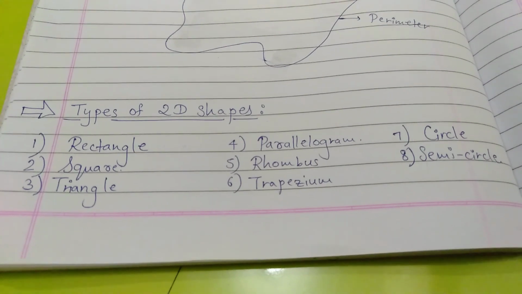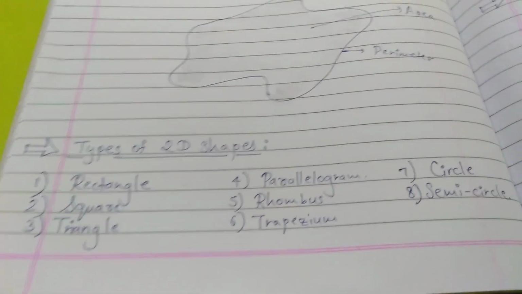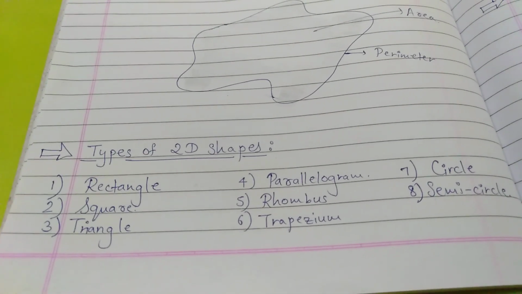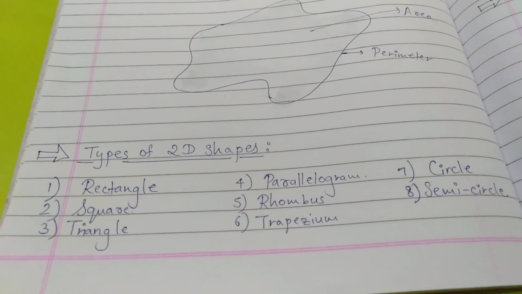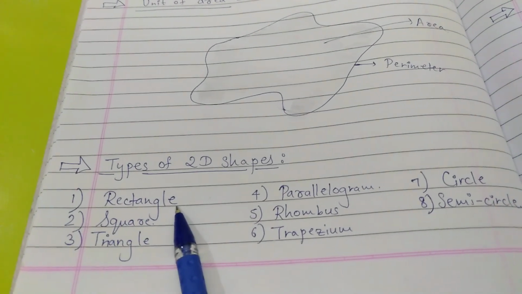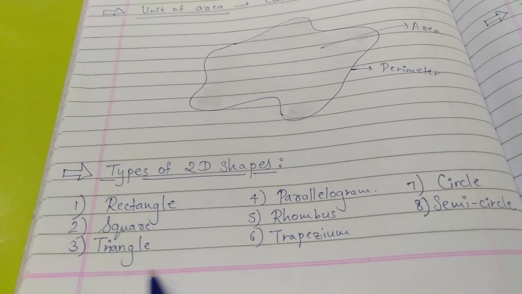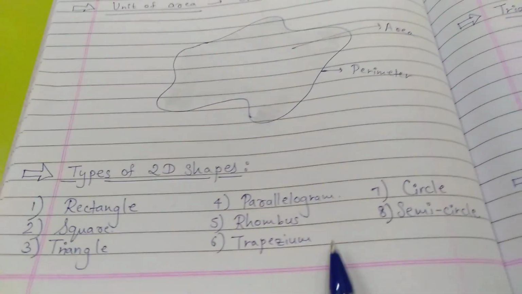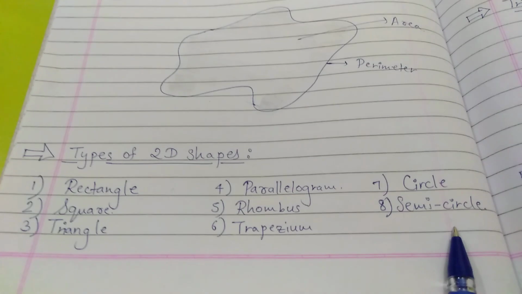Now we will see some types of 2D shapes for which we will find area and perimeter. Our first type is rectangle, second is square, then triangle, parallelogram, rhombus, trapezium, circle, and then semicircle.